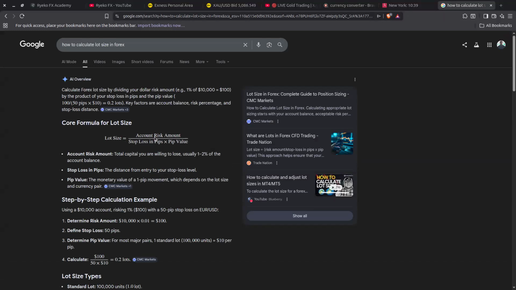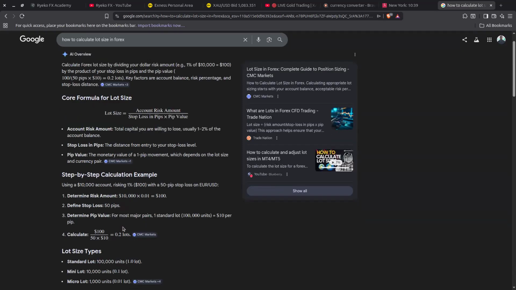That's how you calculate the lot size. So if you have $100 with a stop loss of 50 pips times 10, it gives you 0.02 lots. But 0.02 lots is huge. It can blow up an account very fast.